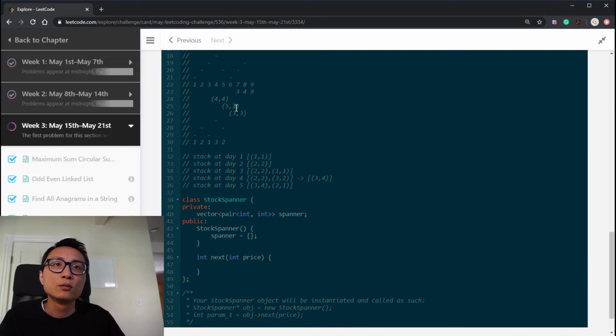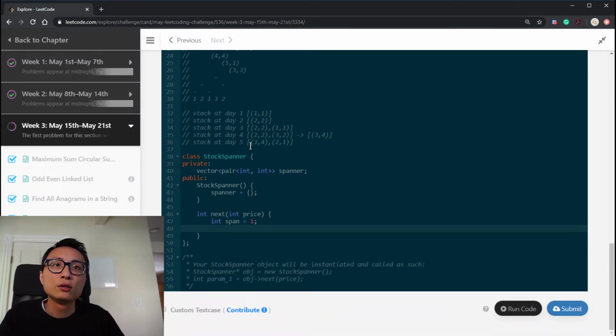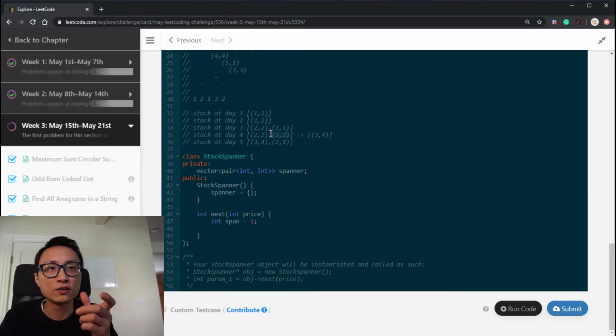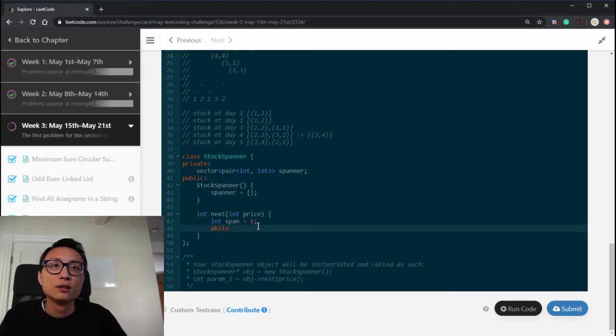In the case that it's decreasing, or if it's the first day, you're going to have a current streak value of 1. So that's the default. Just call it span. The thing we need to do is to look at the stack, and on the top, that's the previous span.